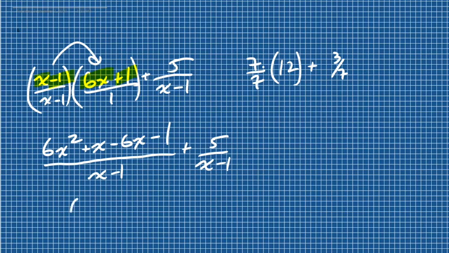And now I have 6x squared minus 5x minus 1 plus 5 divided by x minus 1.